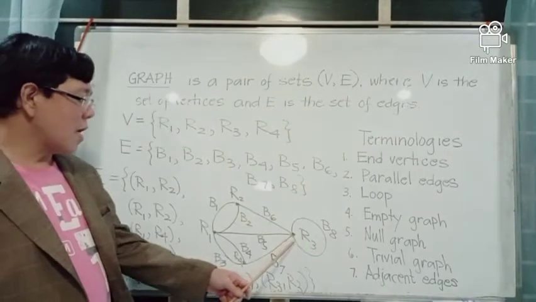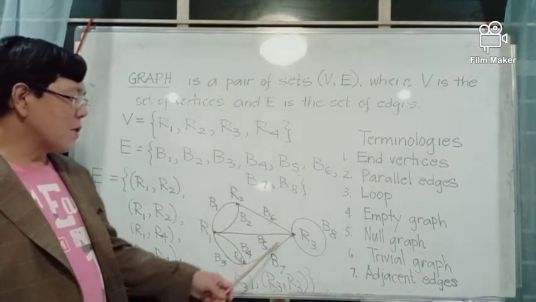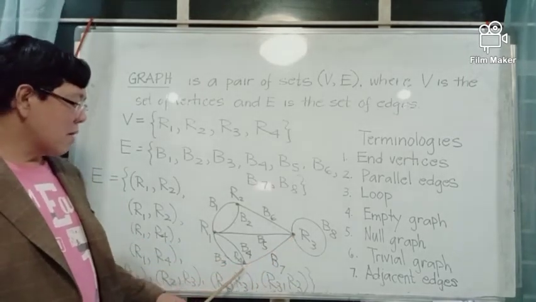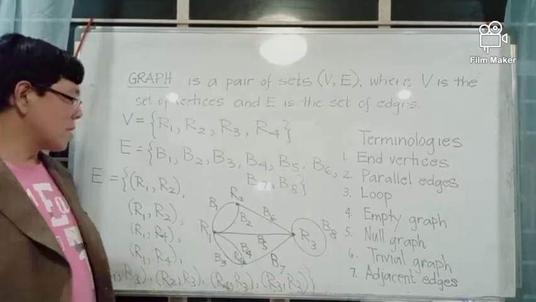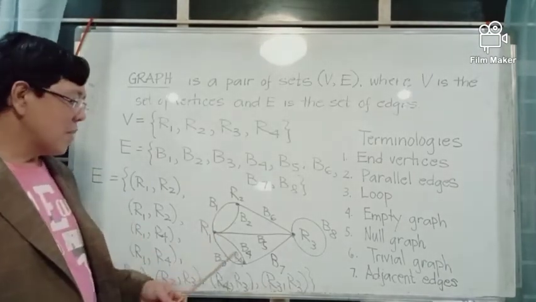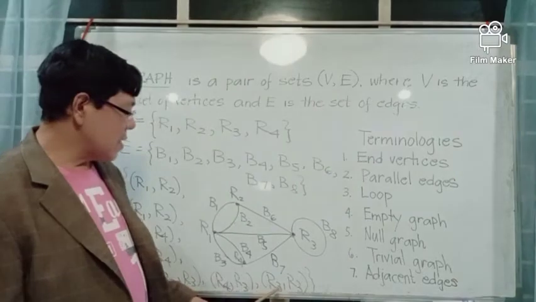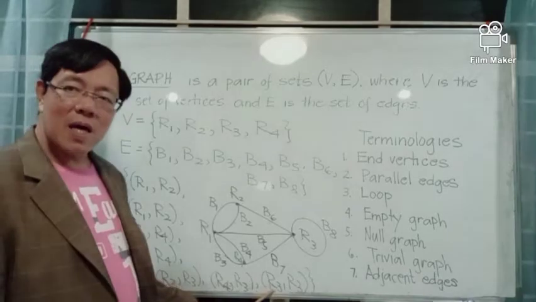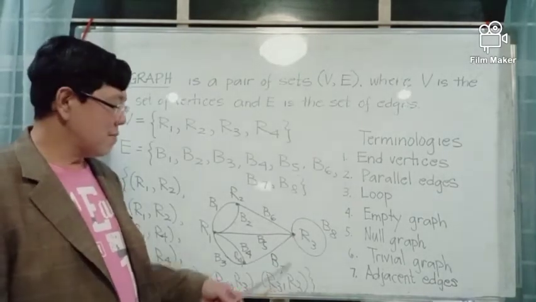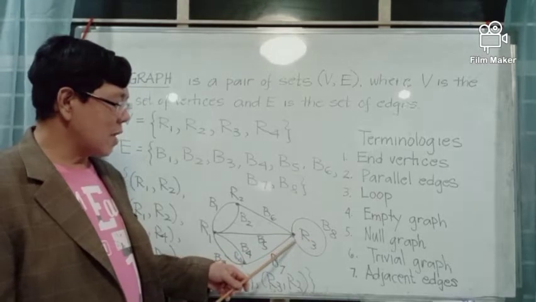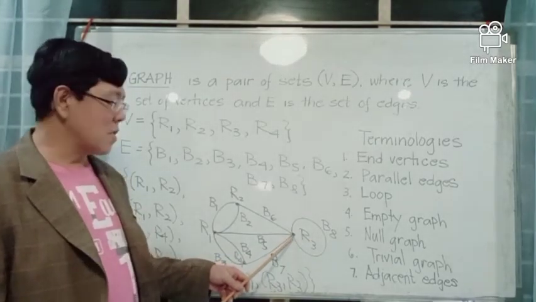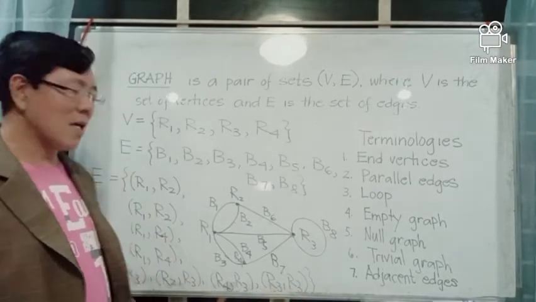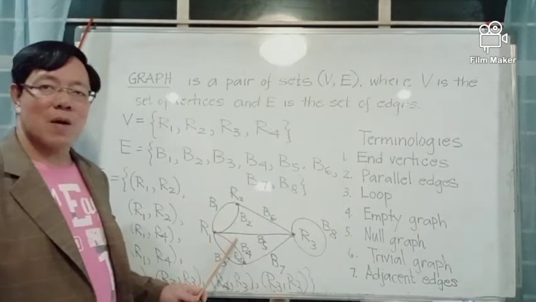R4, R3: the edge through R4 and R3 has multiplicity 1 because this pair appears only one time. And finally, this edge B8 that connects the vertex R3 with itself has multiplicity 1 because this pair R3 and R3 appears only one time in the set of edges for this graph.